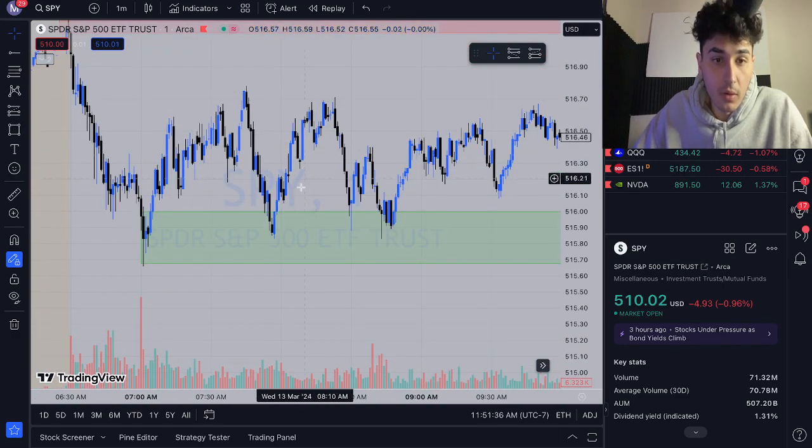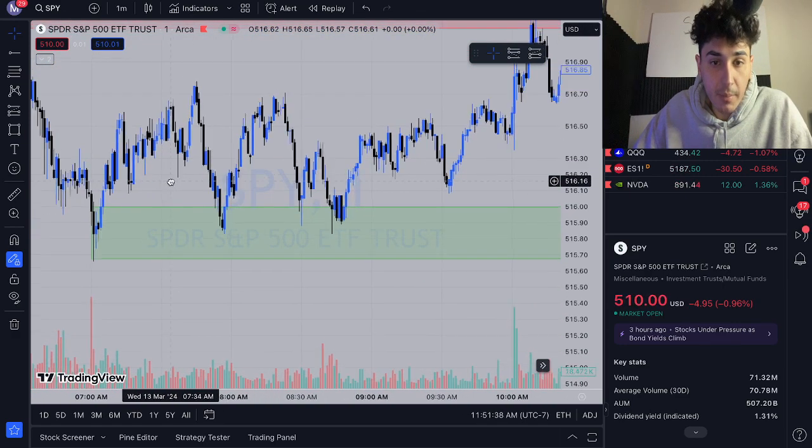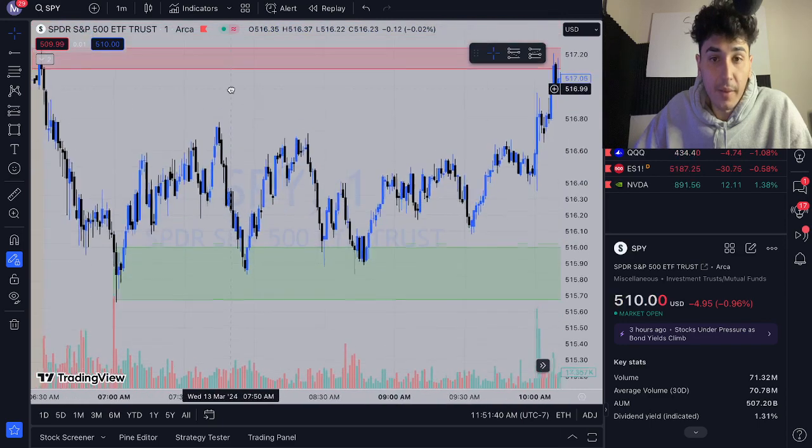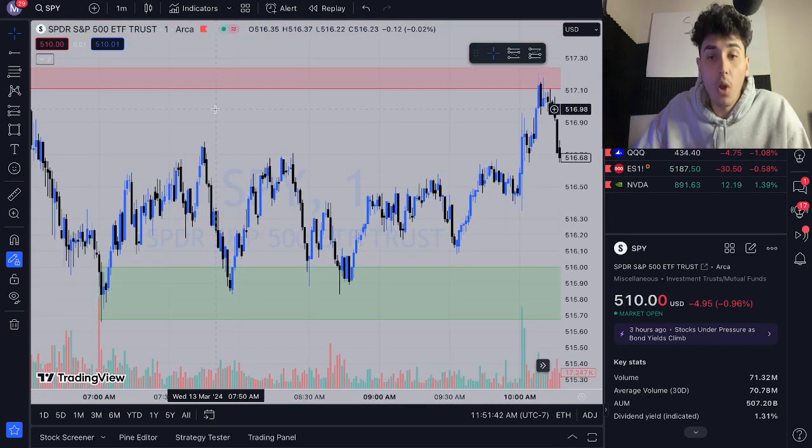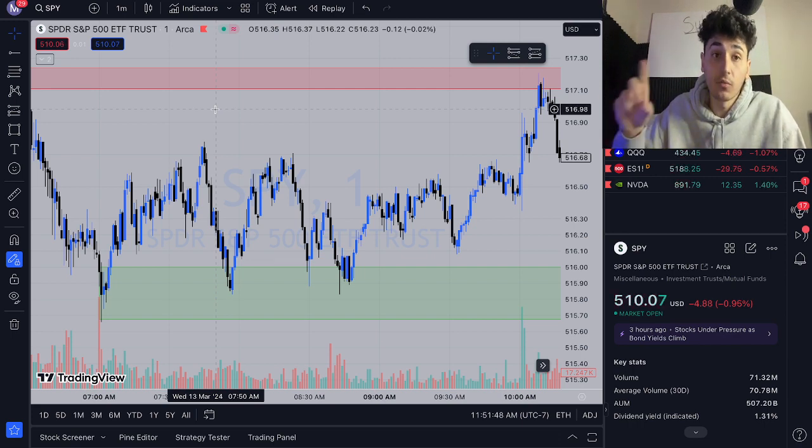So I'm going to use this demand as an example. Now that we're on the 5-minute, we want to draw and look for 1-minute zones inside of our 5-minute zones.